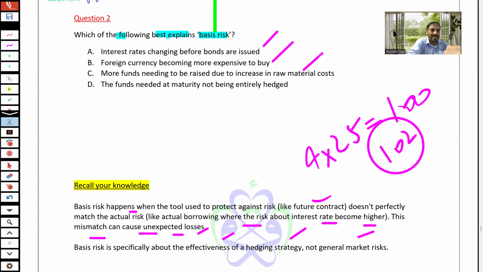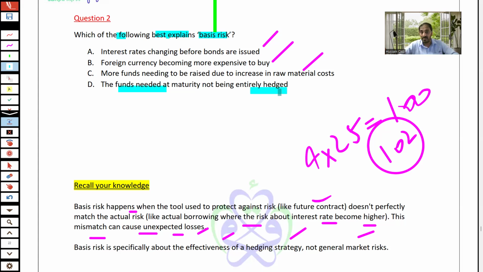Why D? The funds needed at maturity, that we actually want to borrow, we actually want to pay in foreign currency, not entirely hedged.